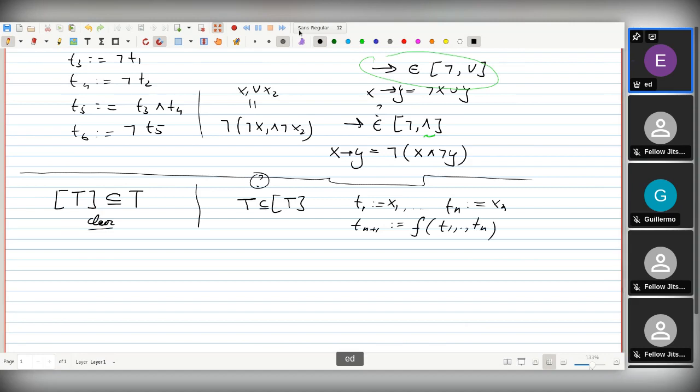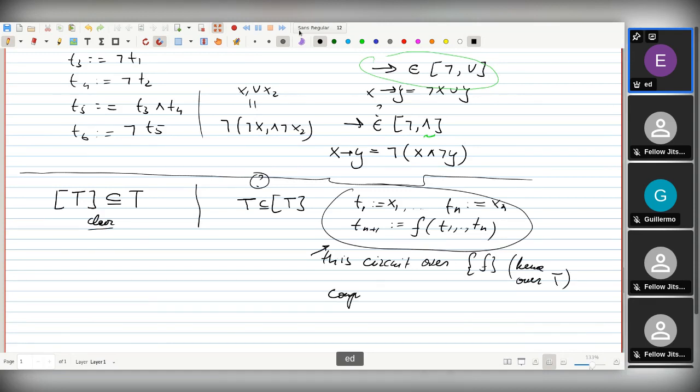Is it clear? Yes. So this circuit over f, and hence over T, computes f. So every function is computable over itself.